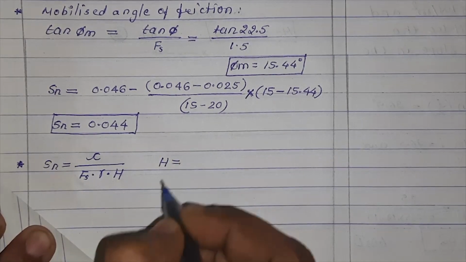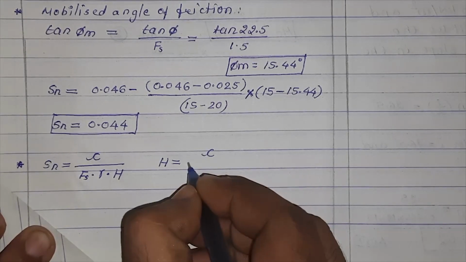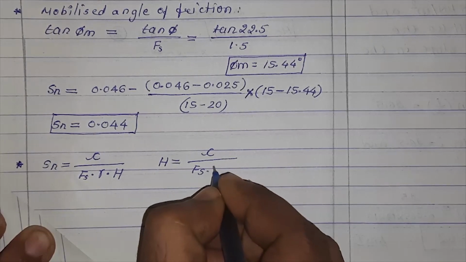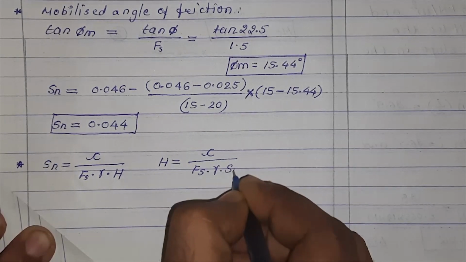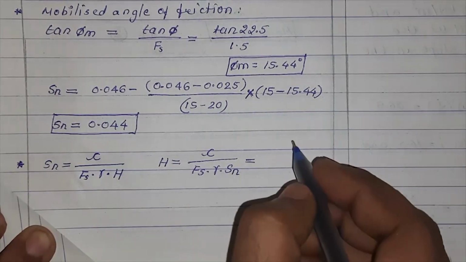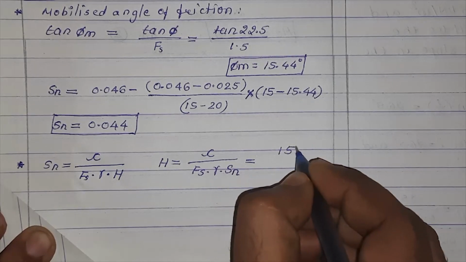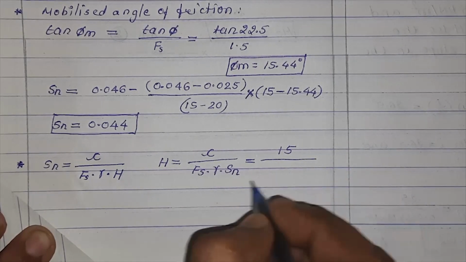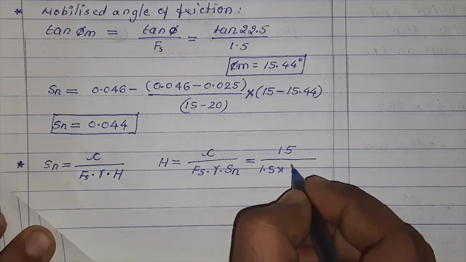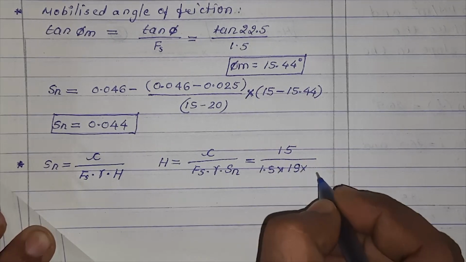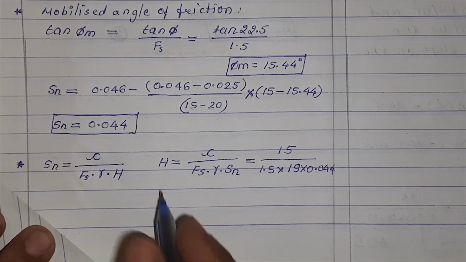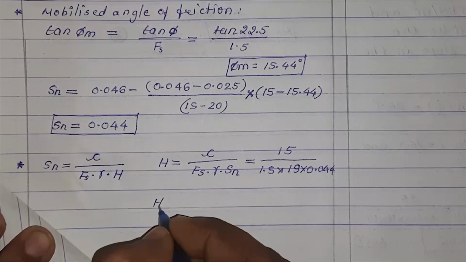H equals to C, that is cohesion, divided by factor of safety Fs gamma multiplied by Sn. Substitute the values. Cohesion is 15 kilonewton per meter square divided by factor of safety 1.5, unit weight of the soil 19 and Sn is 0.044. Solving this, we will get the safe height of the slope.